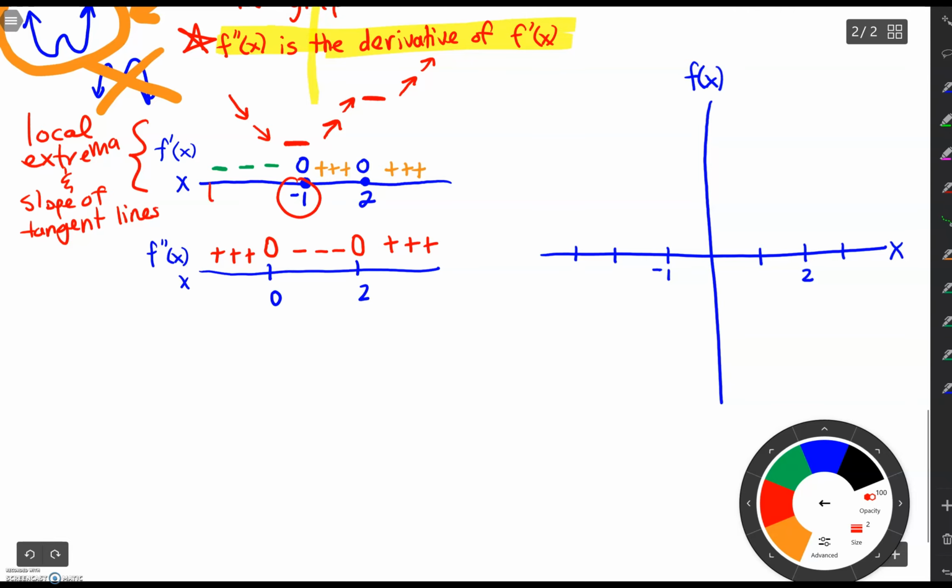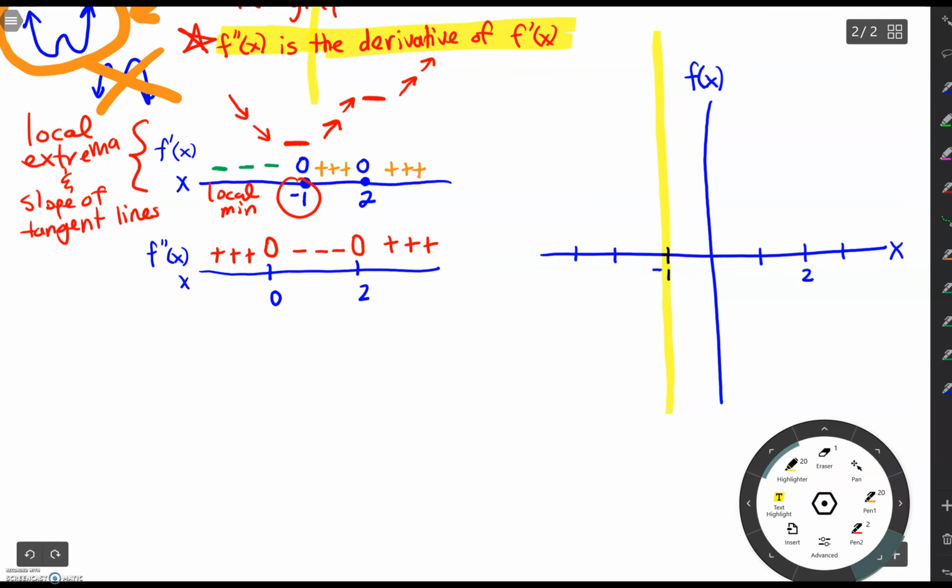So I'm going to have a local min when x equals -1. And when x equals 2, my tangent line goes horizontal, but it's not a local extrema. So let's go mark those points on our graph. Now, this is a possible graph because I don't know exactly how far down to plot that local min. All I know is that it needs to line up with the partition number, or the input x equals -1.